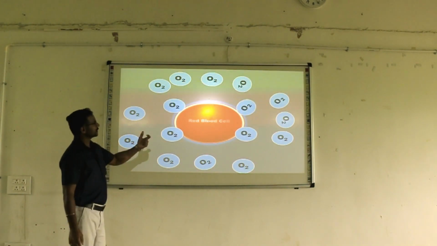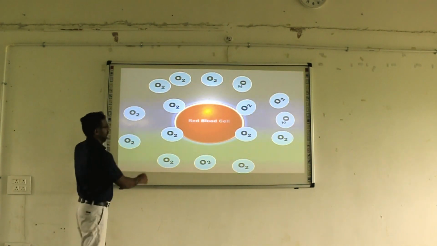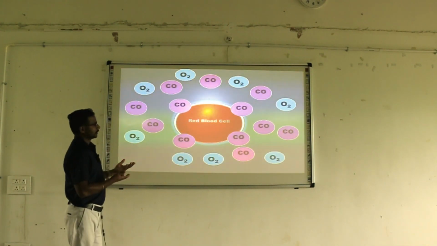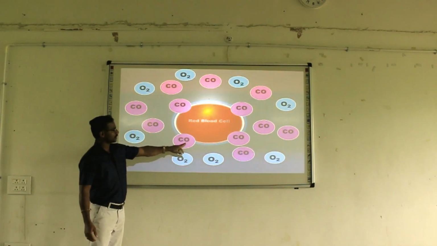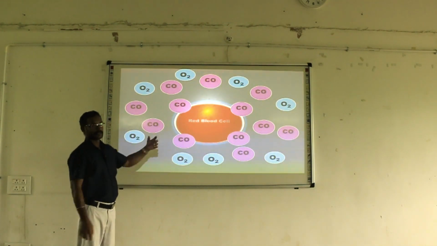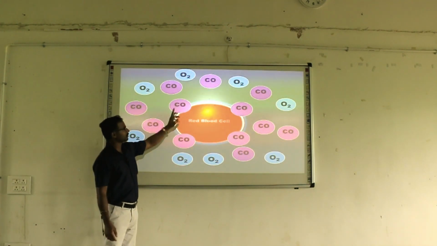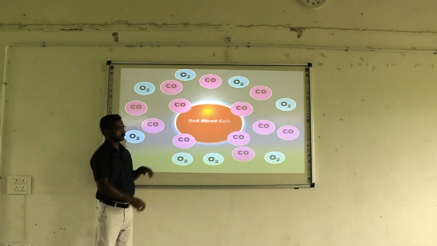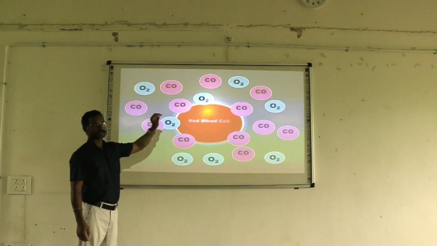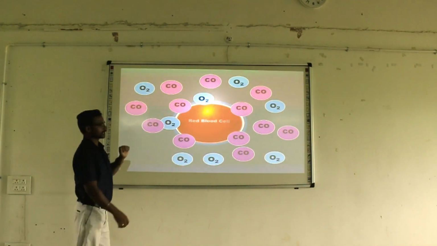Like this, the red blood cell will attract the O2. If carbon monoxide is high, the red blood cell is also attracted by carbon monoxide. At that time the oxygen will not be carried by blood cells because the carbon monoxide blocks the oxygen. Like this, only a few oxygen molecules will be absorbed by blood cells.